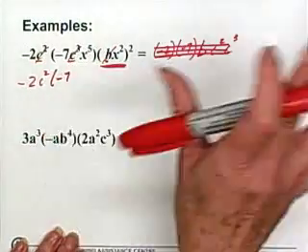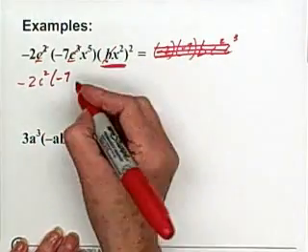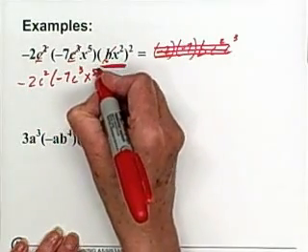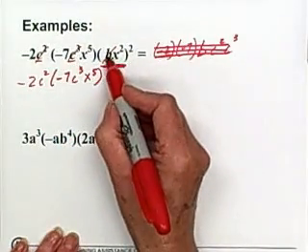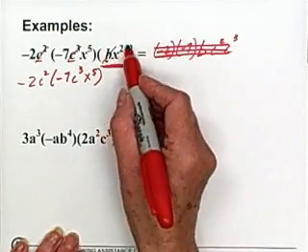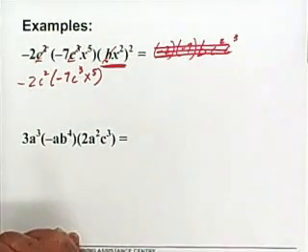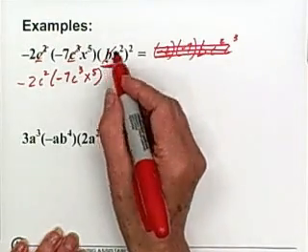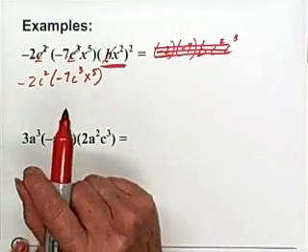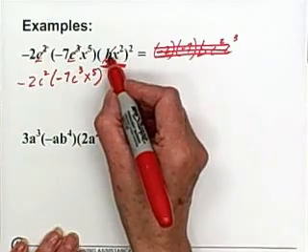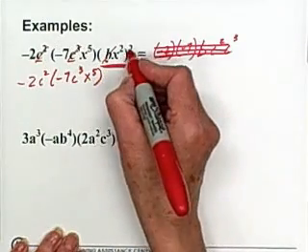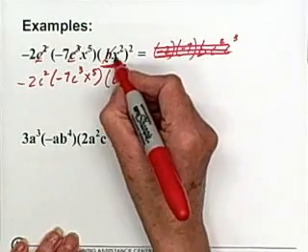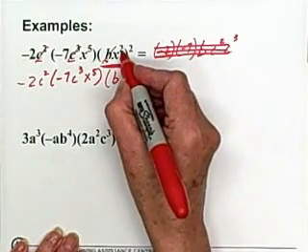Minus 7 c cubed x to the fifth. Now this is bx squared, the whole thing is bracketed and squared. So what you do, and if you're not sure about this, check the video on exponents, this becomes b squared, and this becomes x squared squared.